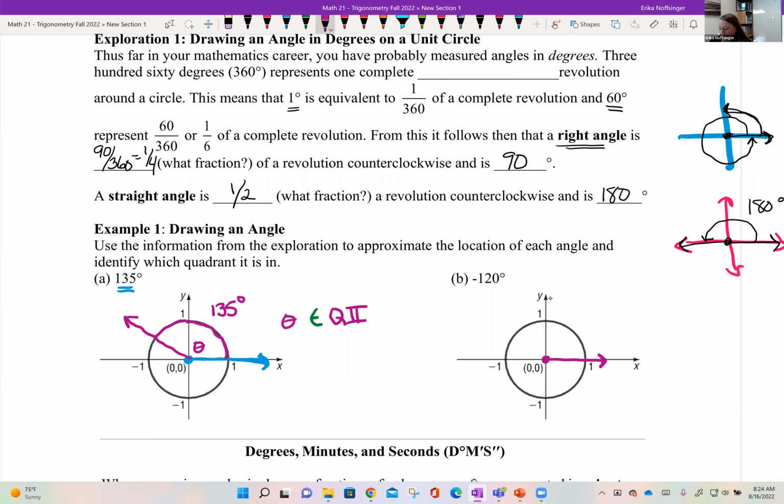So going clockwise, once I get to the negative y-axis piece, that's negative 90 degrees. So I need to add another negative 30 degrees. So I'd say that theta here is contained in quadrant 3.